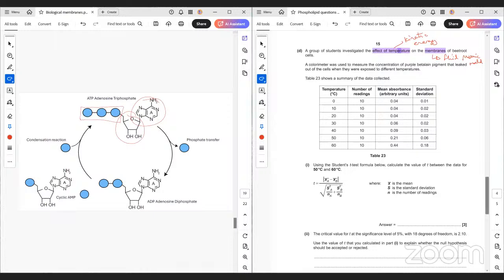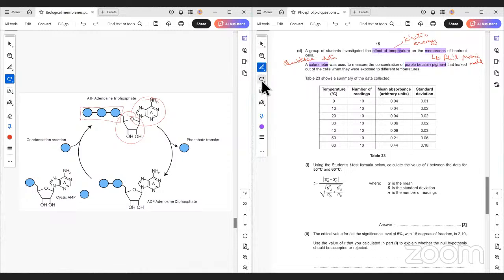So we've got a colorimeter, okay? So we're looking at quantitative data. I've got my colorimeter and my data being collected. Okay, so what are they telling me? We've got a purple pigment that's going to leak out of the cells when it was exposed to different temperatures.